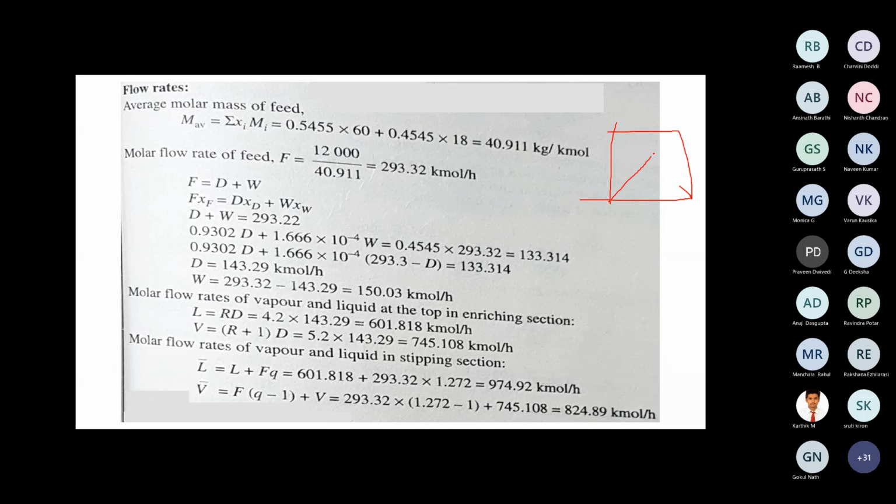So this is the 45-degree line. This is your equilibrium. Now you have to mark the operating line. So the Q line you have to mark. Whichever fits, you can select, then find out this, then adjust, and go for a new line. Which one will be on the top, XD by Rm plus 1 or XD by R plus 1?